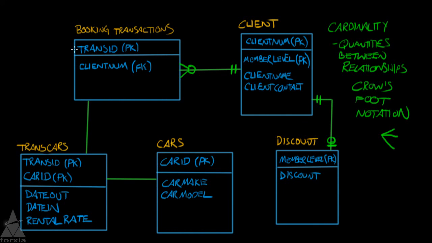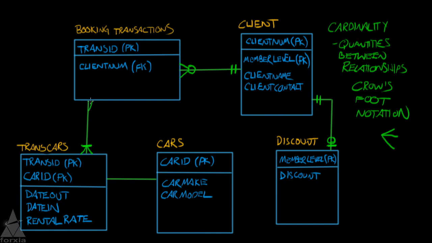When looking at booking transactions, how many transcar lines can we have in an order? A client can come in and rent more than one car. So at least one, but also how many? We can put many in. As for the transcars, looking back at the order, how many can we have?